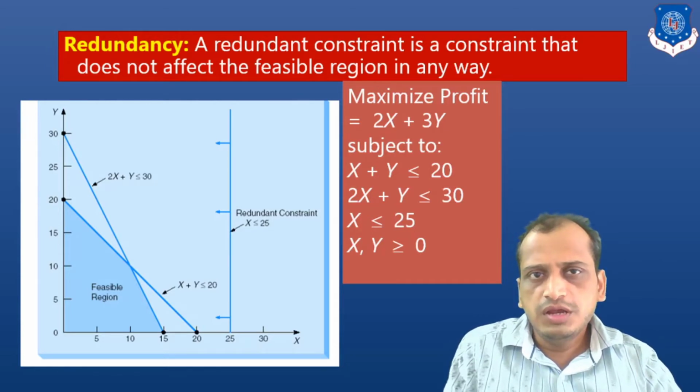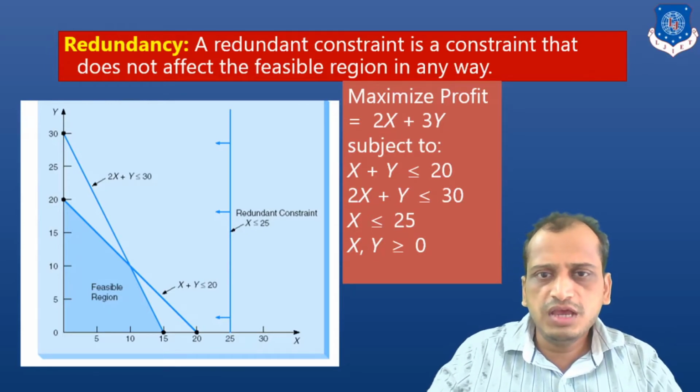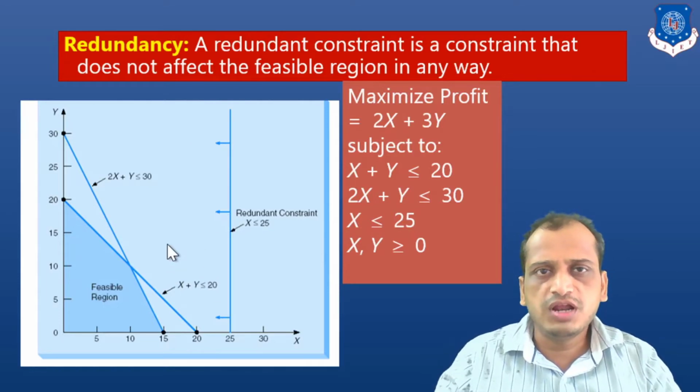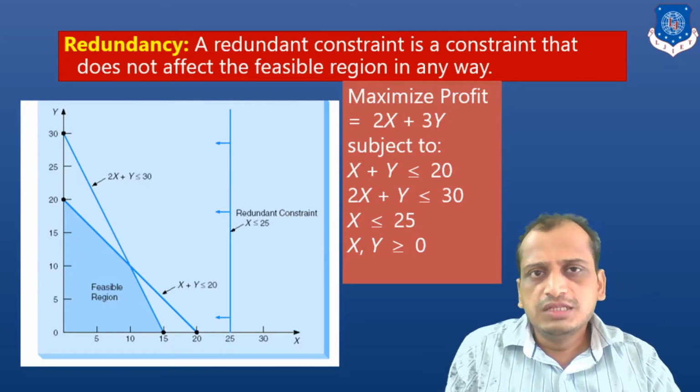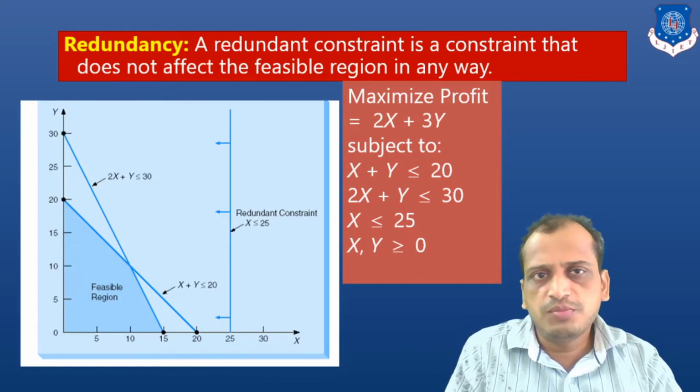Clear? It is away from the feasible region, but if you see carefully, it is towards the origin because it is less than or equal to. So definitely it is towards the origin, as we have seen from the graphical method. So hence this is the first case of special cases of linear programming, that is redundancy.